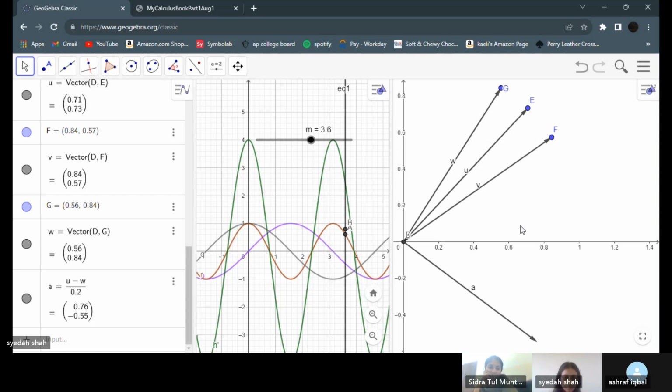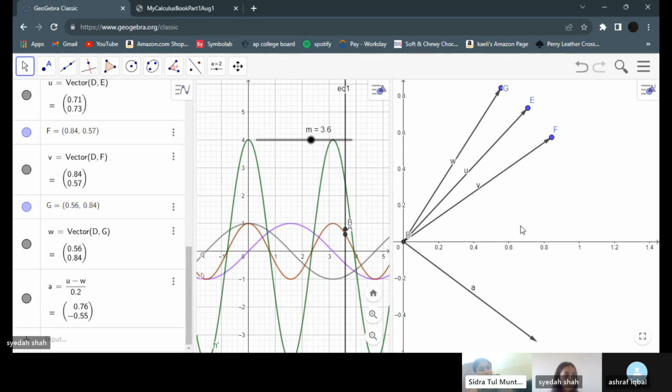Okay, Sania. So what you have just found right now is the difference of the vectors u minus w over the time. So I found the velocity of the vectors.